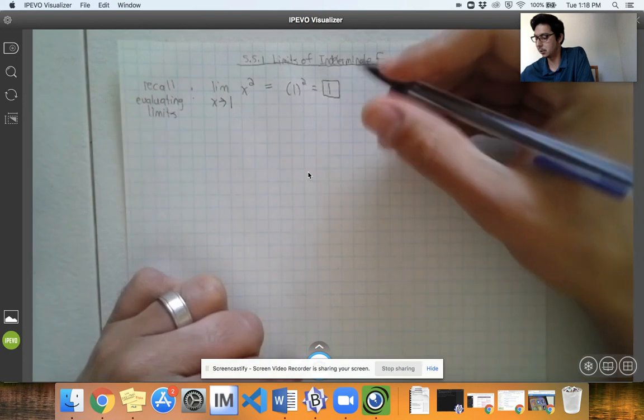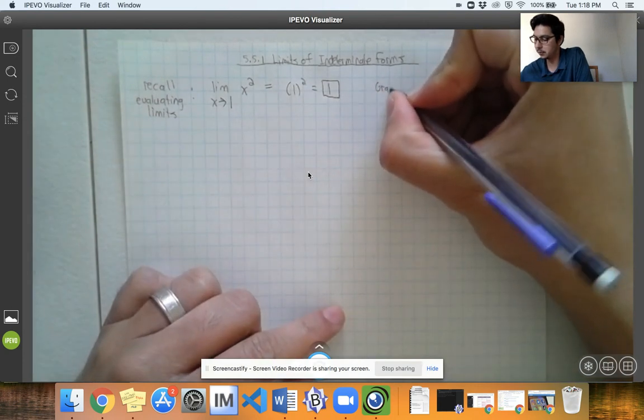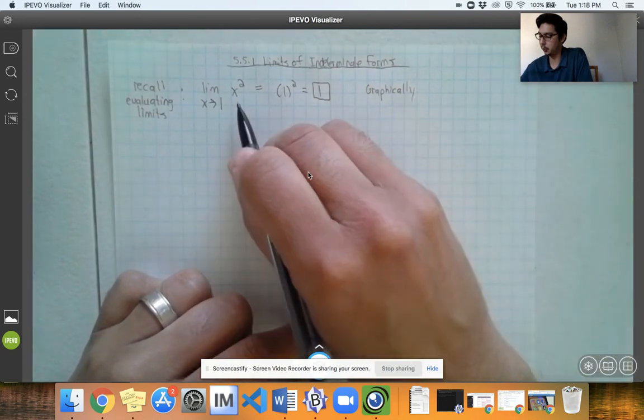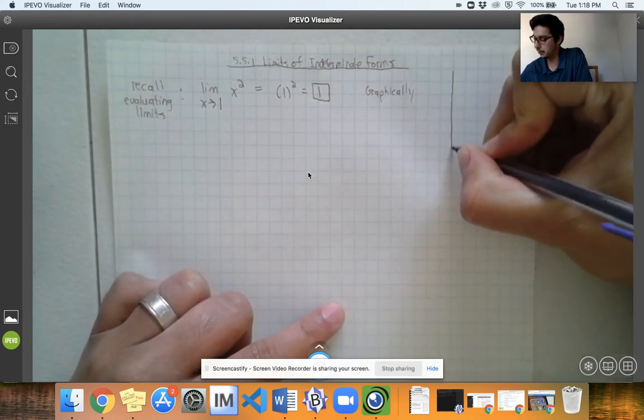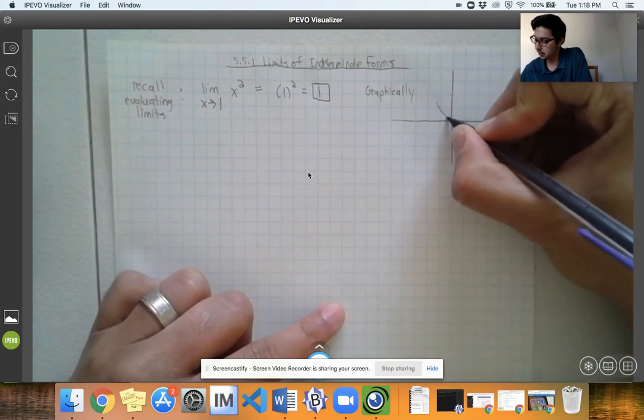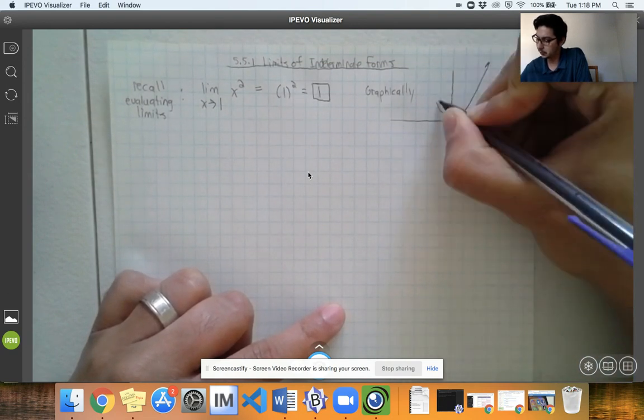Now, we could also determine this graphically, of course, and that is a nice way to see this. If I graph y equals x squared, a sketch of it would look something like this.